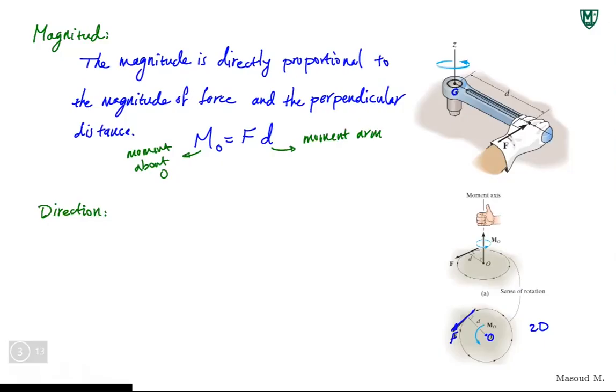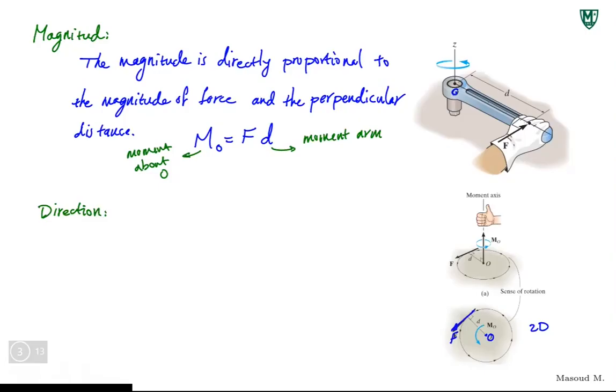So once we start talking about moment in three-dimensional space, that's what we mainly use. We use the direction of the thumb to figure out the direction of the moment. But in 2D, to make things easier and not to use vector notation, we can just go with clockwise or counterclockwise direction. Hopefully it makes sense based on the picture and what I was trying to say.